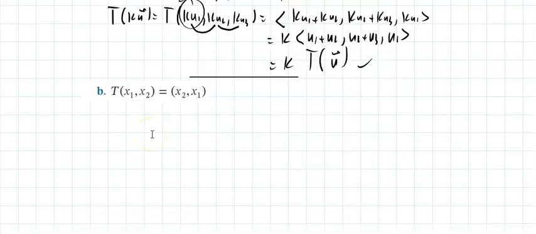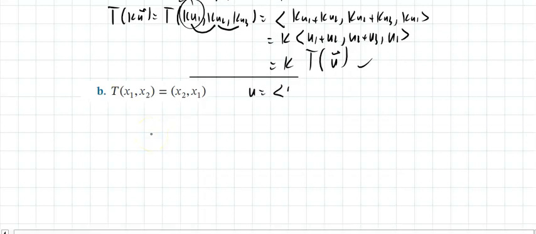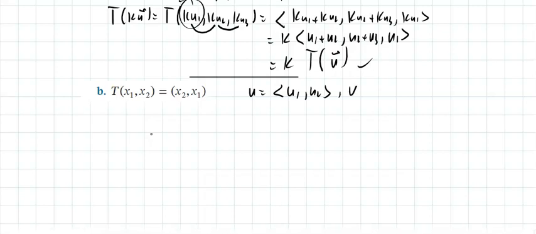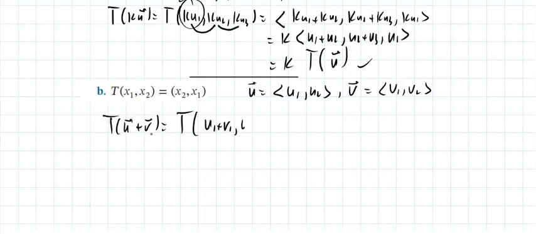I want to try it on the next one as well. If I let u equal, here there are 2 dimensions, u1, u2. Now I'd rather use a and b, I know students do, but in this book they really stick with those. V equal v sub 1, v sub 2. So if I take the transformation applied on u plus v, wouldn't that be transformation on u1 plus v1, u2 plus v2, right?